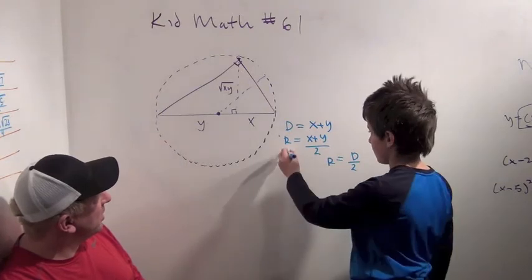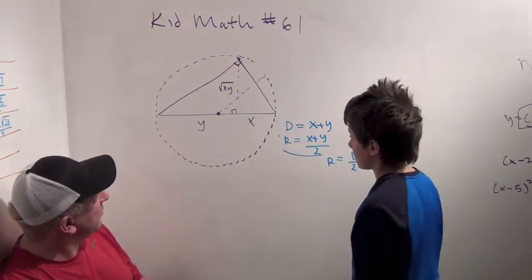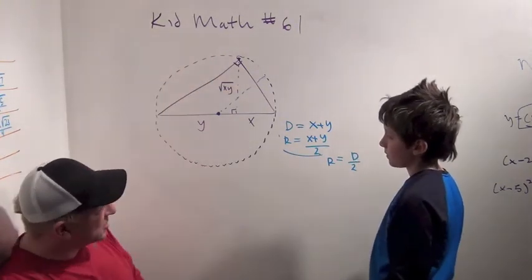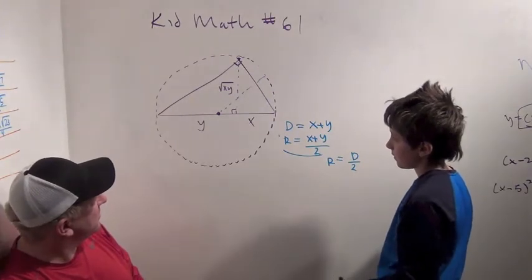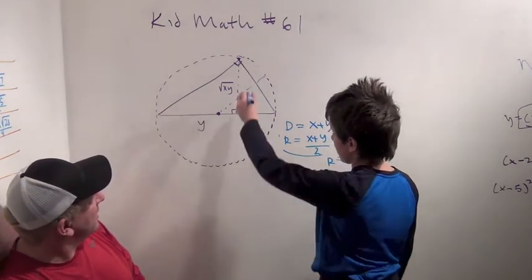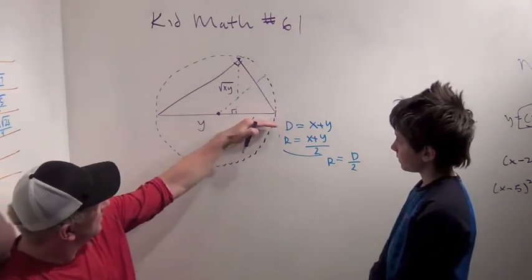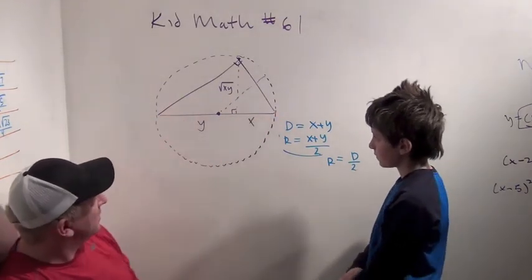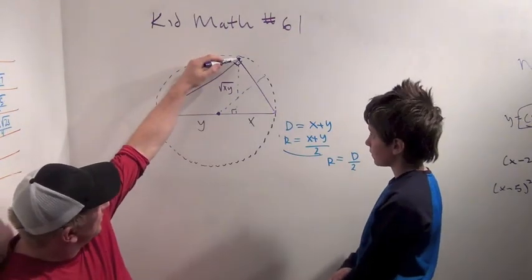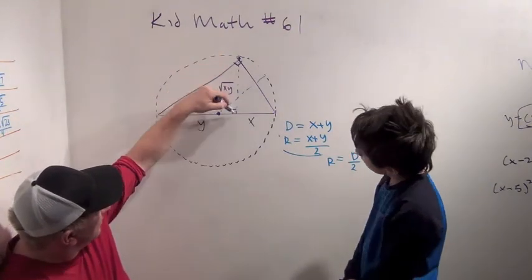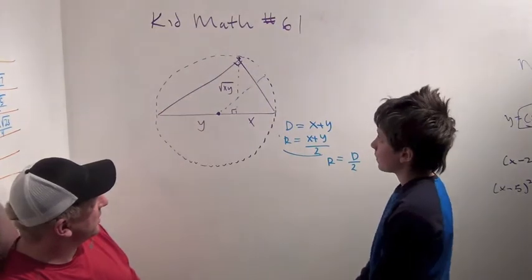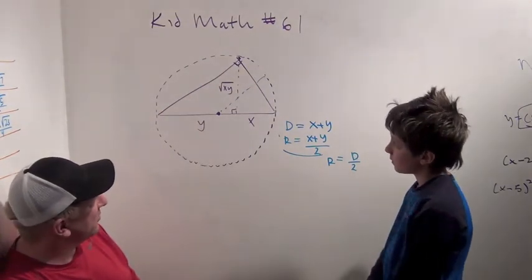Can you draw me a triangle in blue where this altitude would actually be equal to the radius? It has to be a right triangle, and this has to be the hypotenuse. When I drop my altitude down from this right angle, I'm drawing a length that's equal to the radius. Do you see where that triangle is?